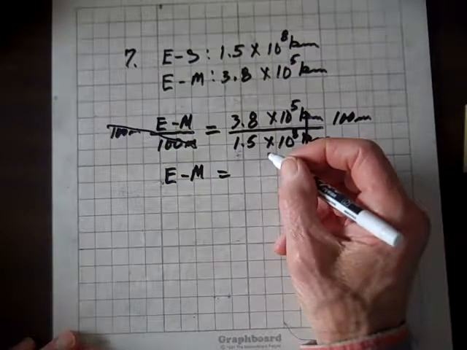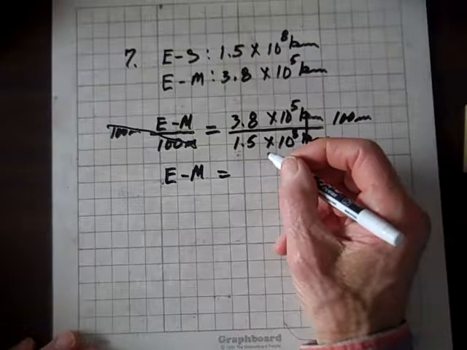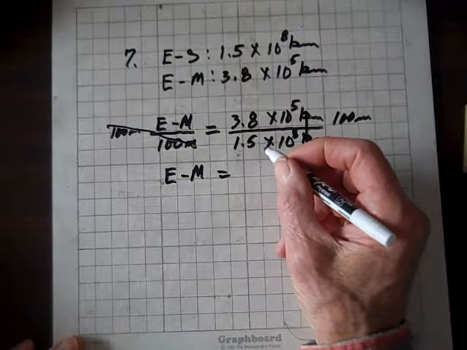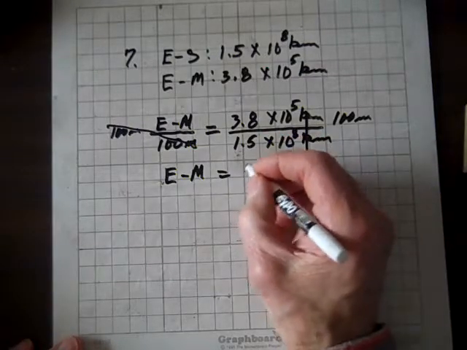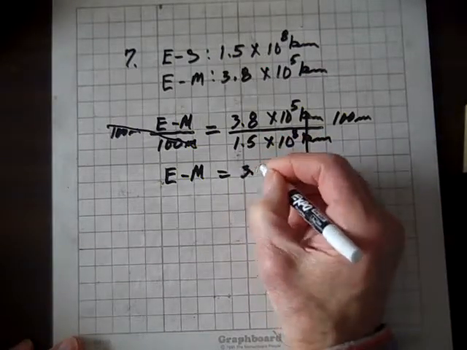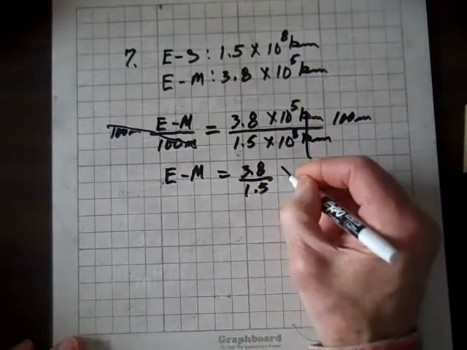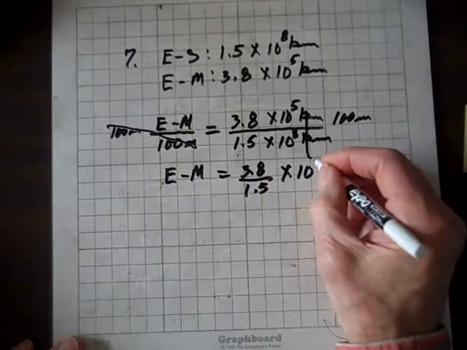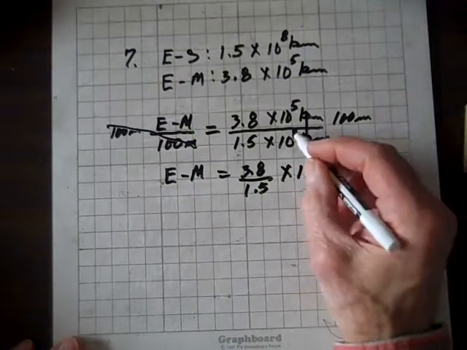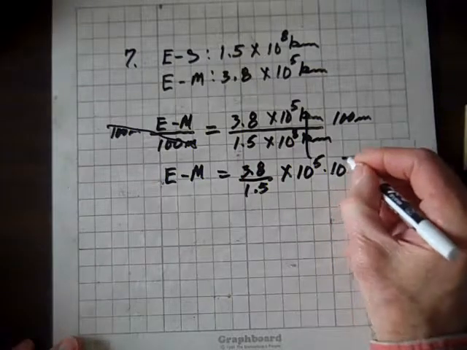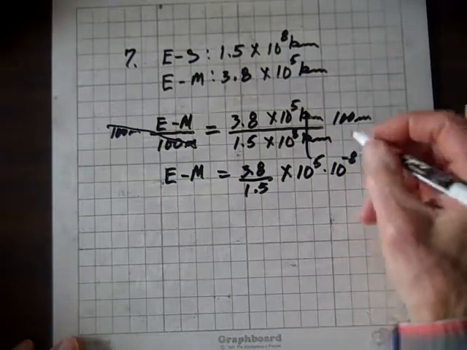the quotient of 3.8 divided by 1.5 times 10 to the 5th. Now I'll move this factor of 10 upstairs, so that'll be 10 to the negative 8, change the sign on that.